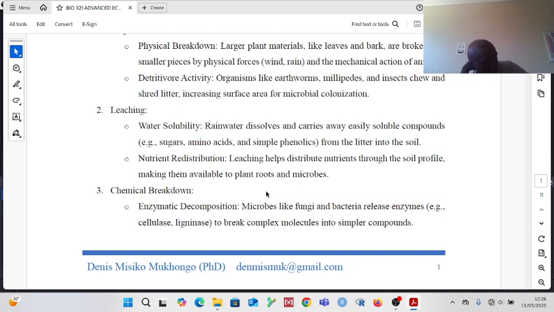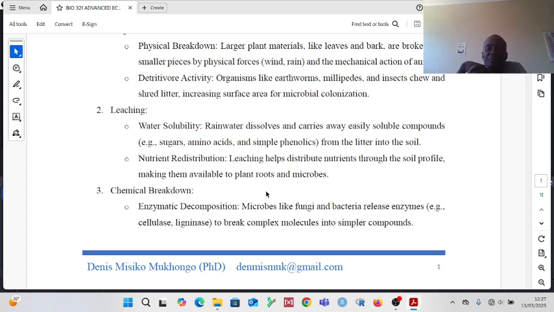The third stage is the chemical breakdown. In this case, one is the enzymatic decomposition, where microorganisms like the fungi and the bacteria release enzymes. The enzymes that are released could target the cellular component, so you have cellulase as an enzyme.